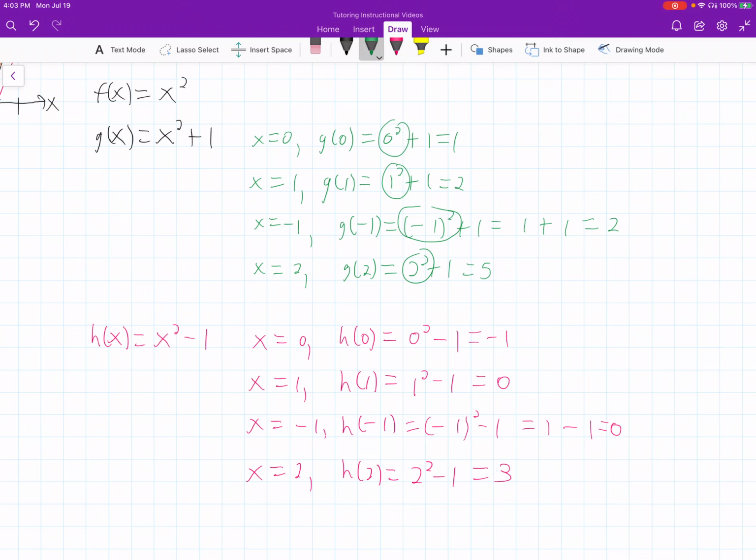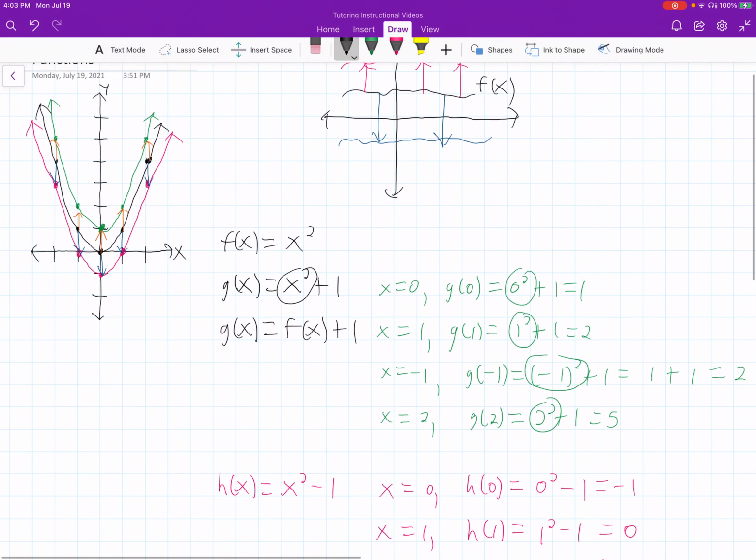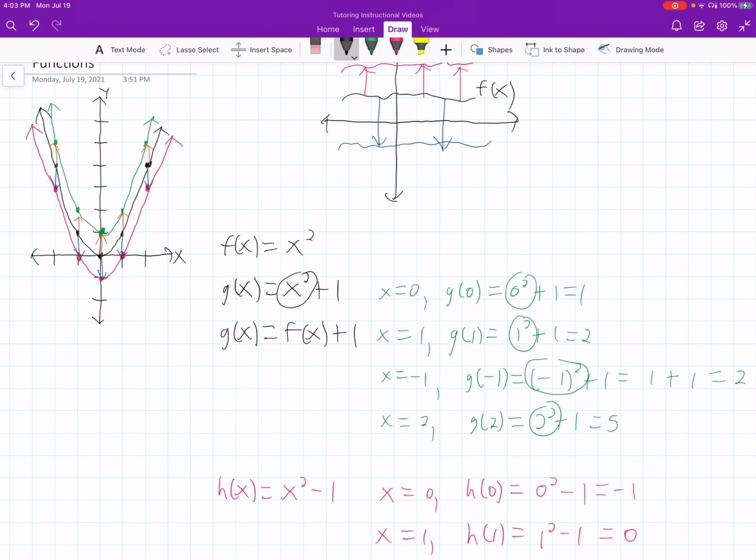This is just f of x, right? We're squaring x. So we could really rewrite g of x, x squared plus 1, by rewriting x squared as f of x plus 1. And we saw from the pictures that this really means we're translating f vertically upward by 1, which we have represented here.